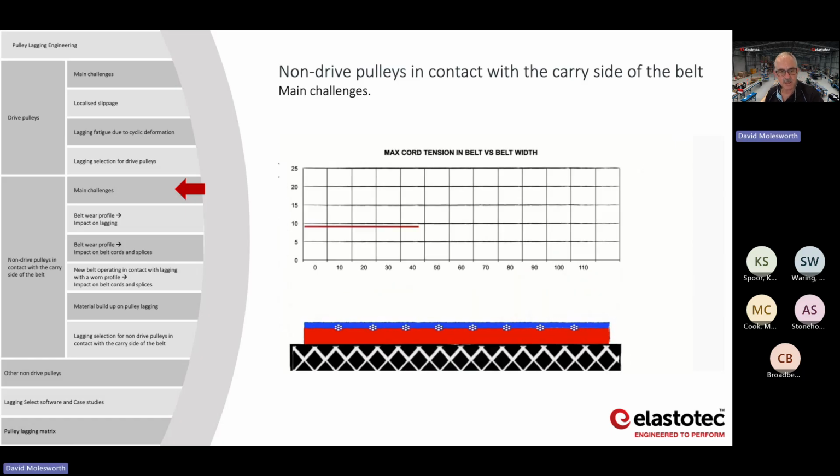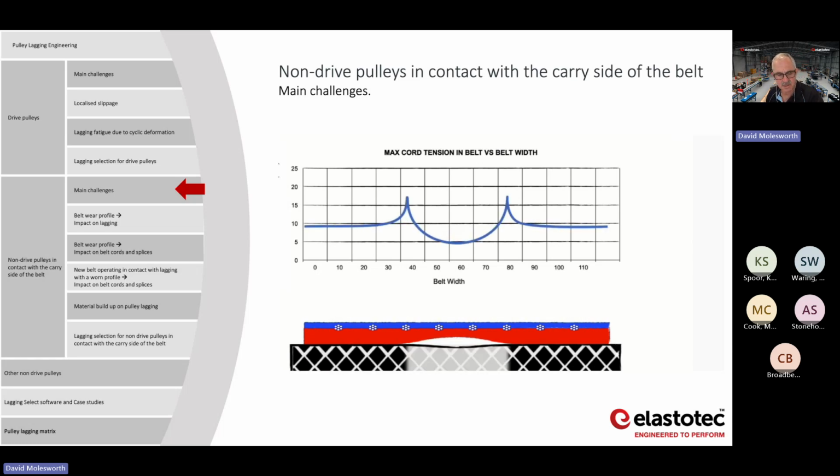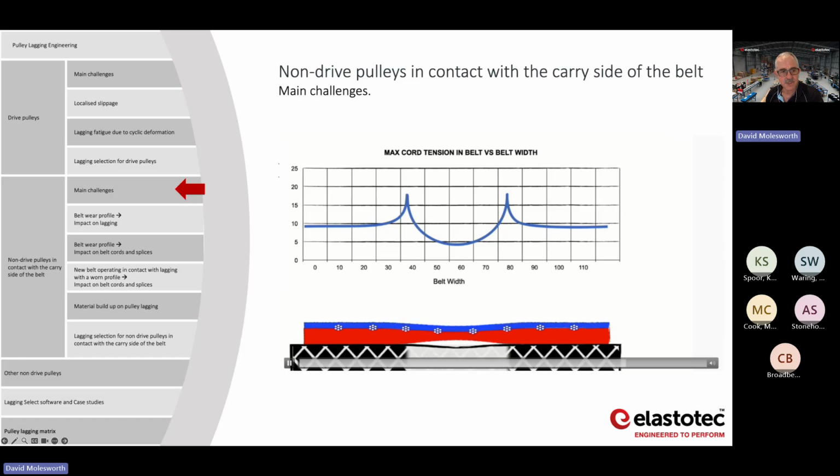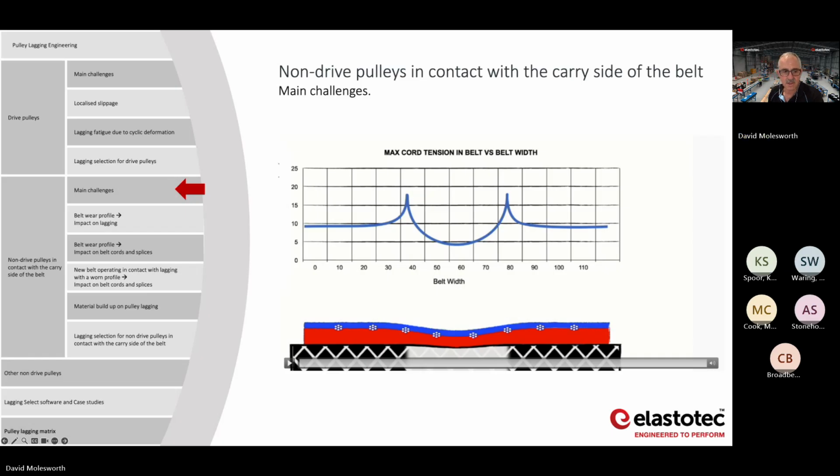So here we're looking at a diagram of what actually happens when you've got the belt contact surface wearing, and this graph is shear stress up the vertical axis, and then you've got the face width across the horizontal axis. And what you get is localized shear, these peaks that line up with the edge of the wear profile.